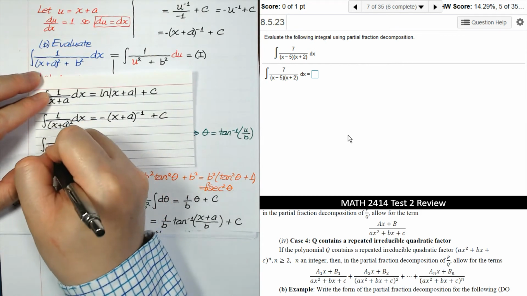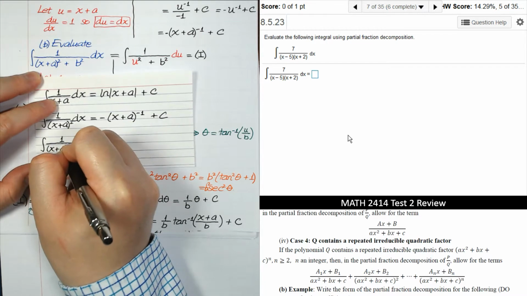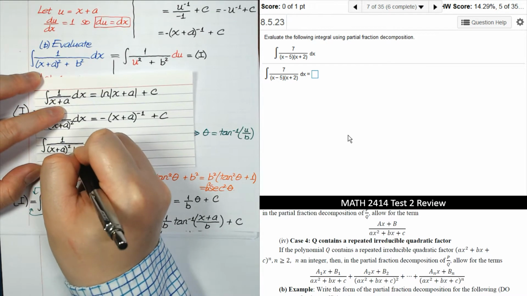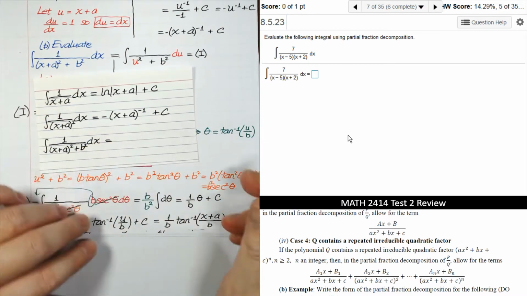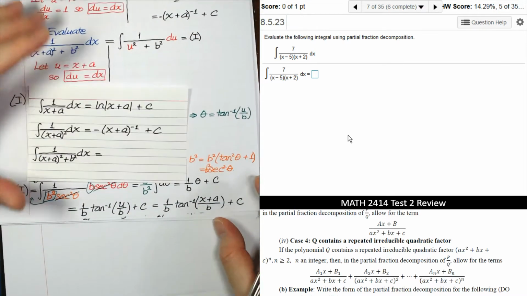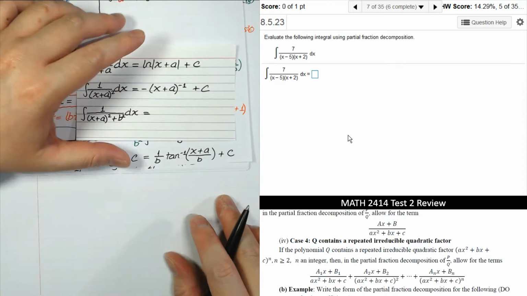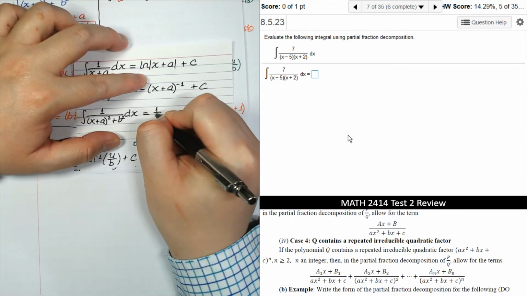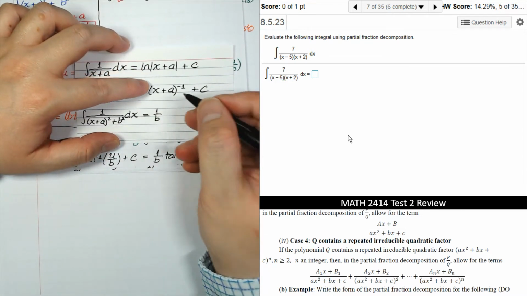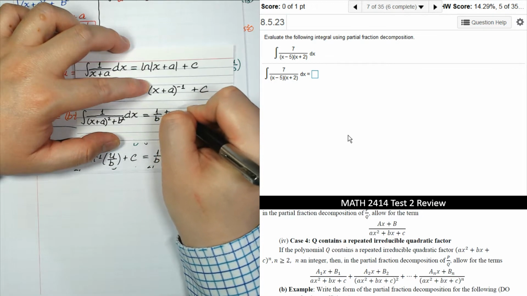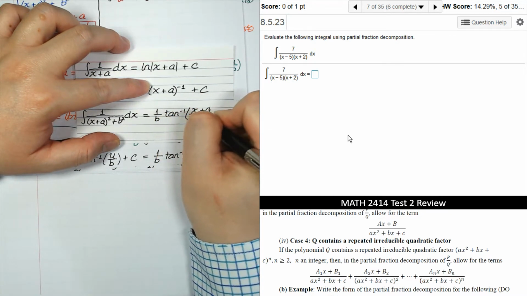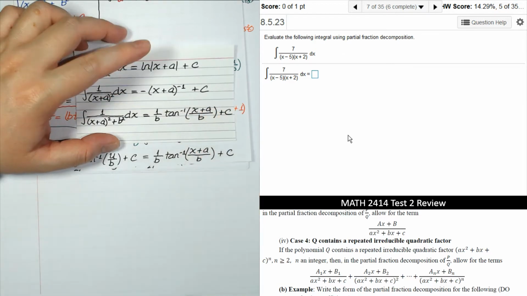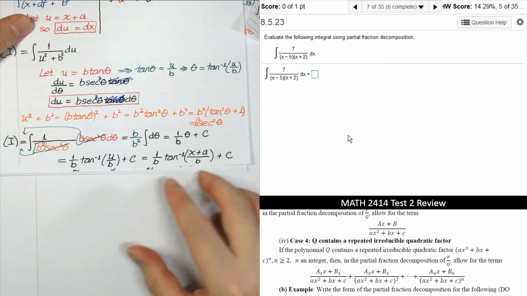This is once again section 8.5 subsection 2. And after all the substitution, at the end we have 1 over b tangent inverse of (x plus a) over b plus c. We'll refer back to this.